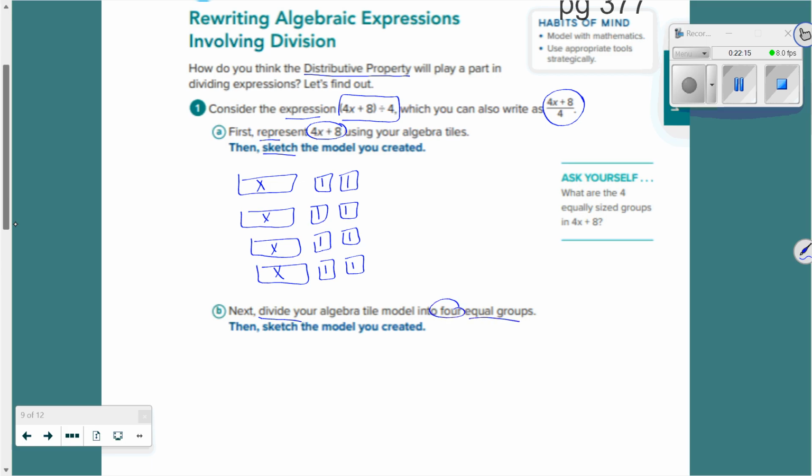I'm just going to sketch it on here. There's 1, 2, 3, 4 groups. Would that work? Okay. So I now have 4 equal groups.